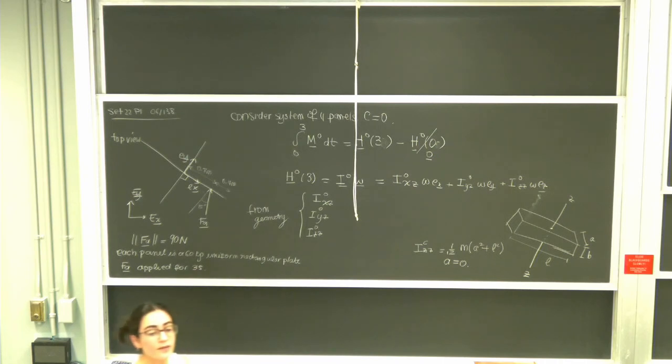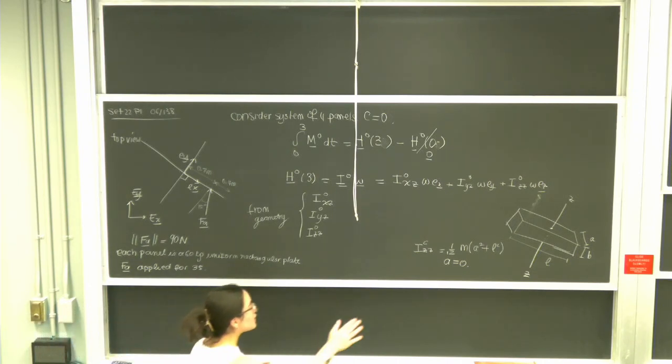Okay, so again, let's do this step by step. We're going to apply the angular impulse, angular momentum equation. We found the expression for the angular momentum. We're going to need to find the inertias. To find the inertias, each door panel is modeled as a plate. So we looked at an inertia table, and we can deform or take one dimension of the parallelepiped to be 0, and we'll get a plate.